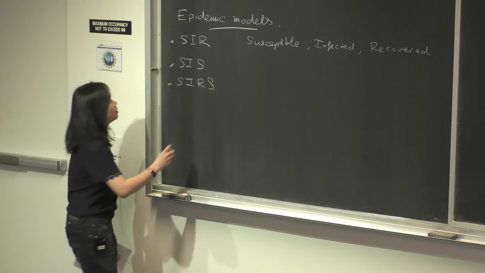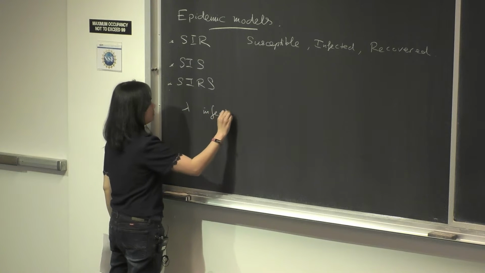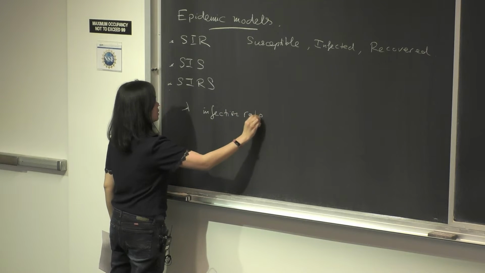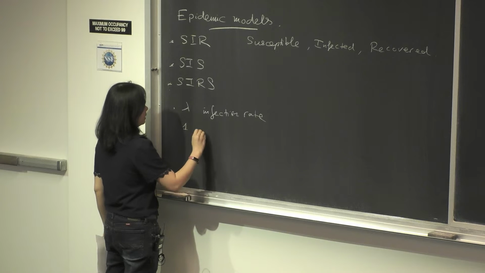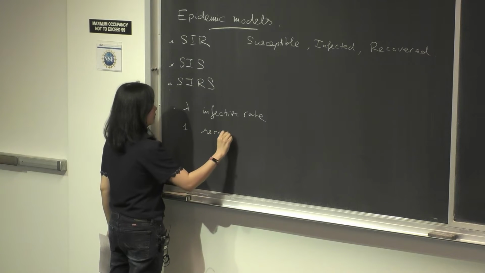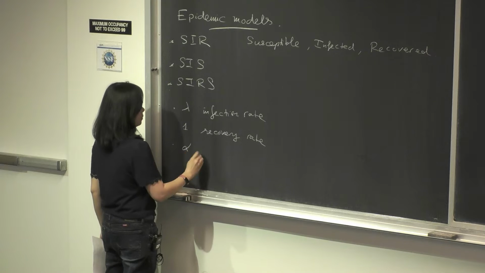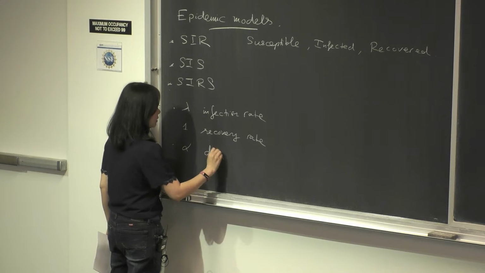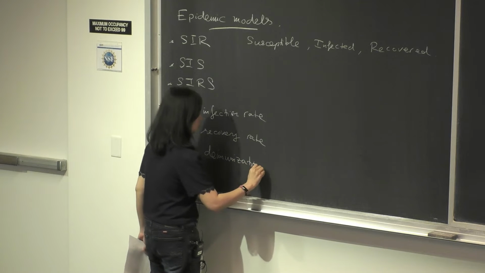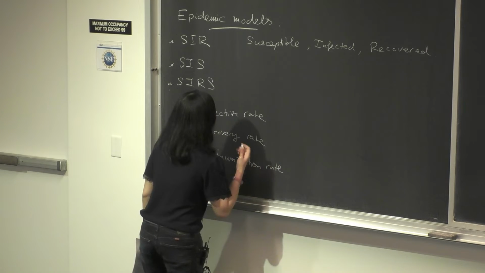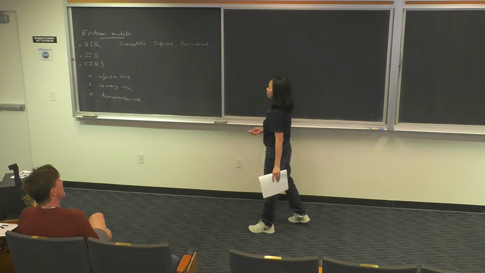As for the notation, we'll have lambda being the infection rate, and we have the recovery rate, which we fixed to be 1, and alpha, the deimmunization rate. And all the clocks are going to be exponential clocks.